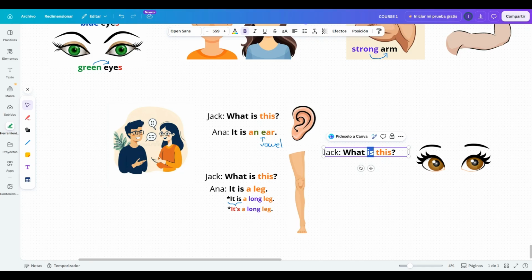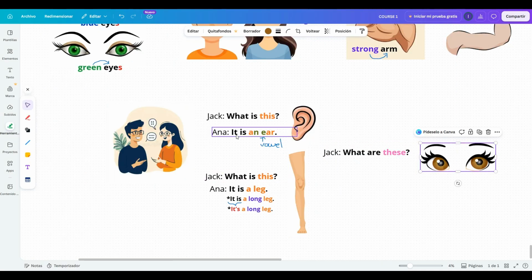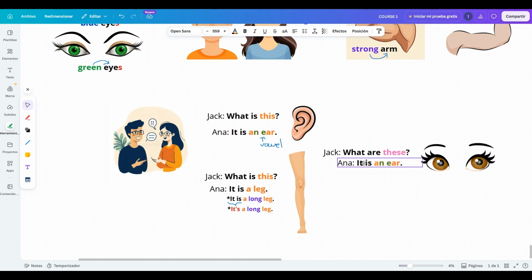Excuse me. What are these? Okay, Anna knows this, right? For plural, people say they are eyes. Plural, eyes. What are these? They are eyes.